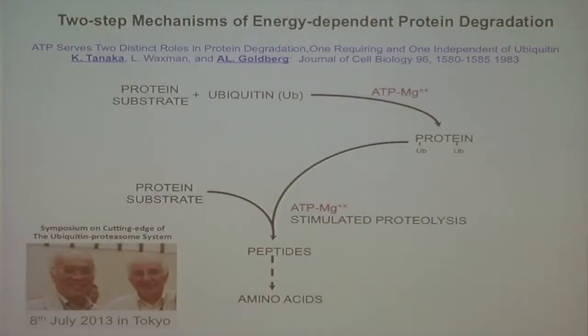However, we found that degradation of ubiquitinated protein still requires ATP energy. Later this was characterized as an ATP-dependent protein complex, which we named the proteasome.